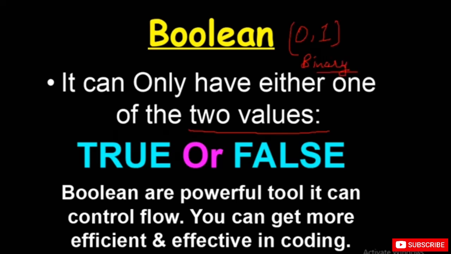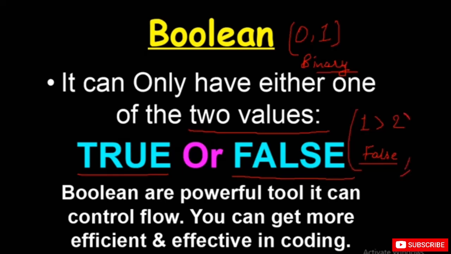So it can give you true or false. In so many situations, it helps us. Like if something like this comes, it has to answer false, because 1 is not greater than 2. That's simple. So to simplify this and to code efficiently and effectively, we use the Boolean.